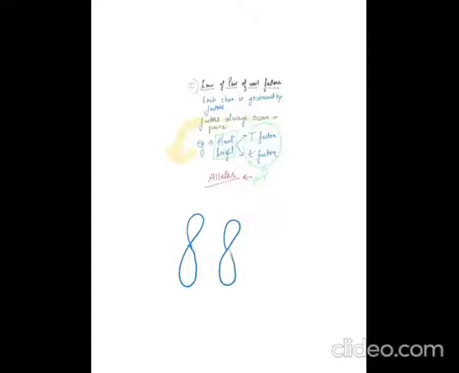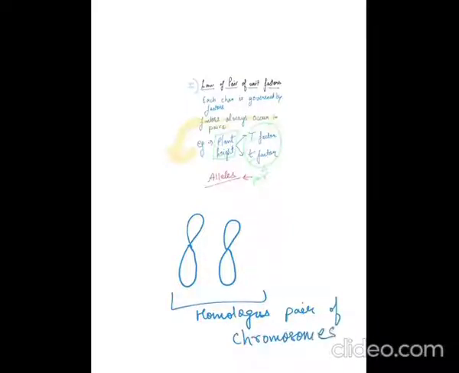So this is a homologous pair of chromosome. So this is how alleles occur in a diploid organism.